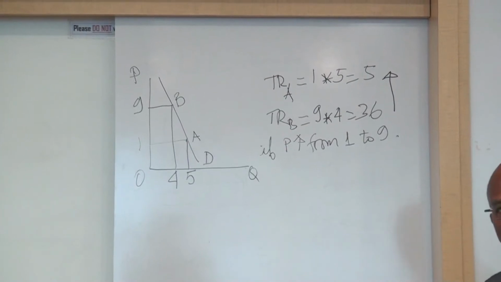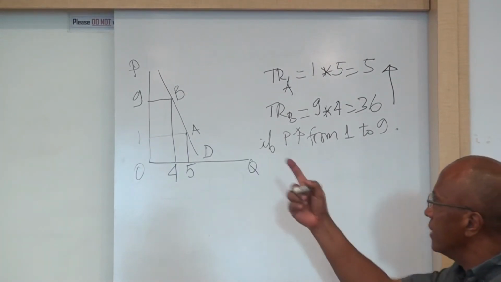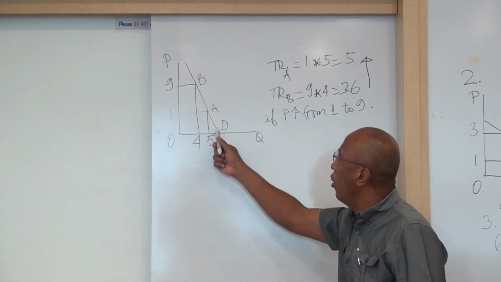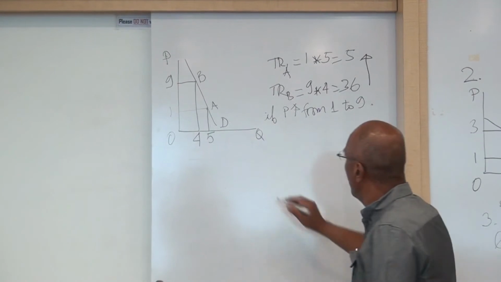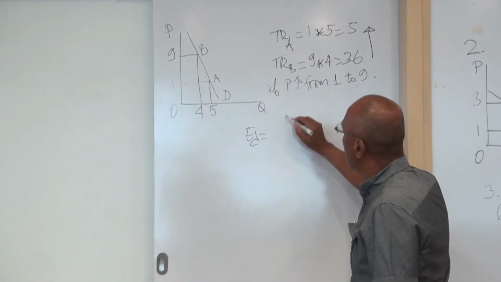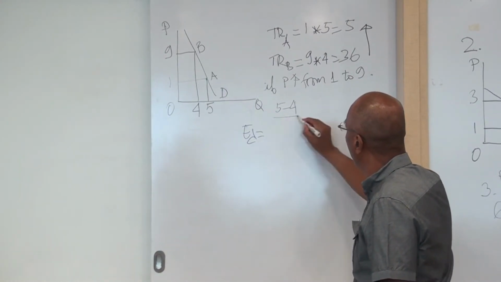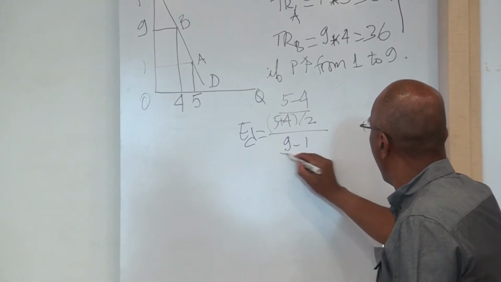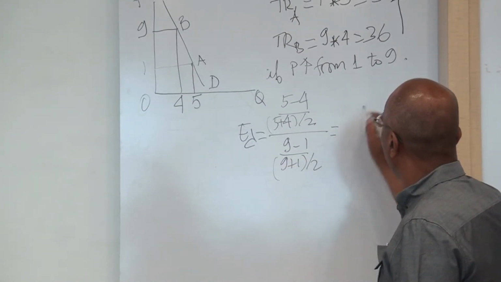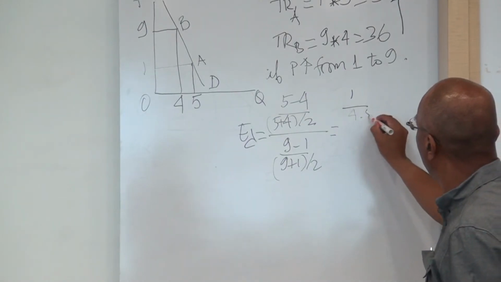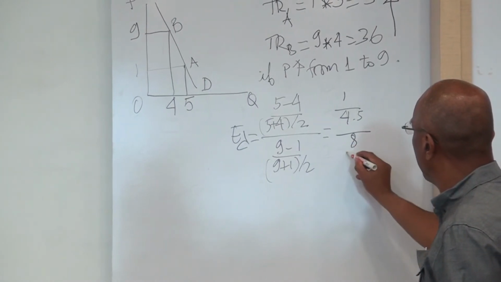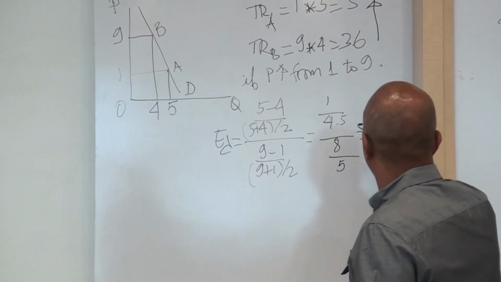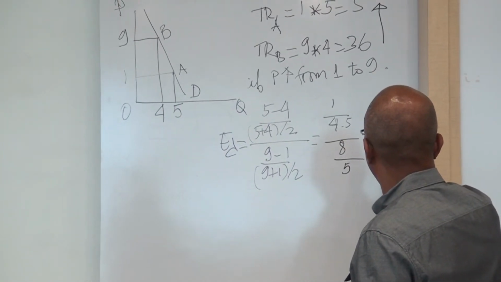So before we conclude on that, let's demonstrate first that this demand curve is in fact inelastic, meaning that total revenue will mostly depend on the slope of this demand curve. So let's calculate the elasticity of demand. We have the change in quantity, (5 minus 4) divided by (5 plus 4) divided by 2, divided by (9 minus 1) divided by (9 plus 1) divided by 2, and that gives us 1 over 4.5 divided by 8 divided by 5, which is equal to 5 divided by 8 times 4.5.